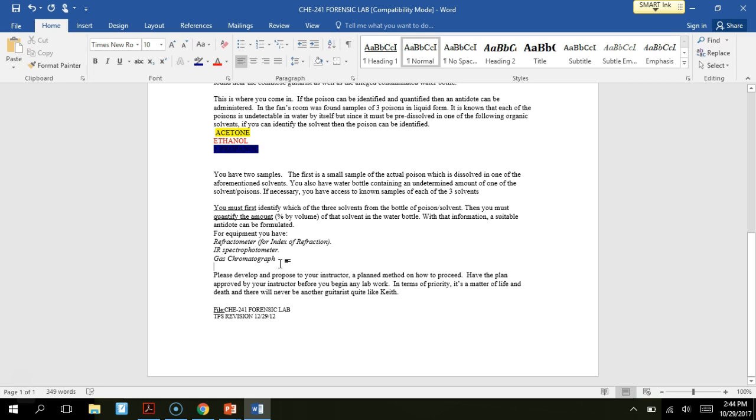And then you have a gas chromatograph. The gas chromatograph can also help you in determining how much of the compound is present, and possibly the identity of the compound.